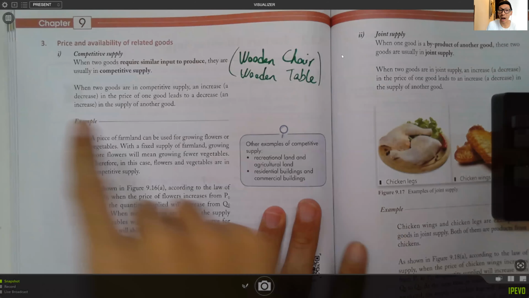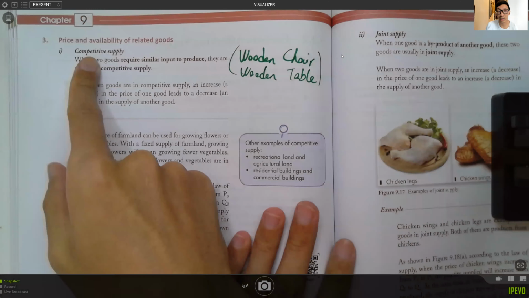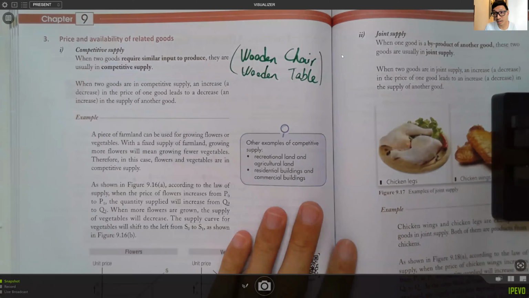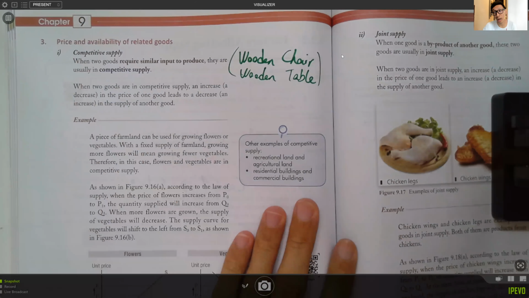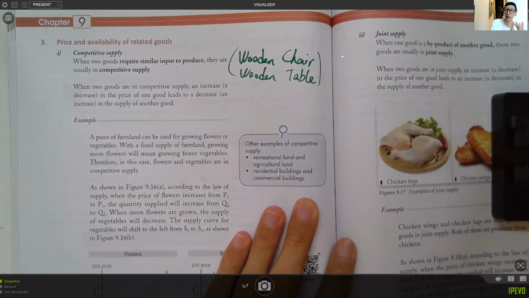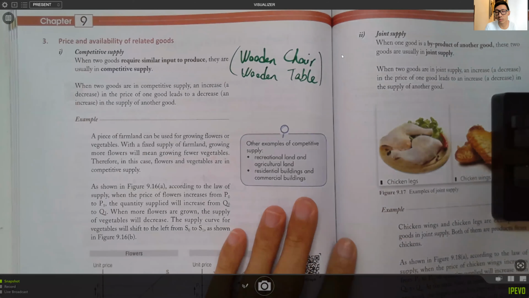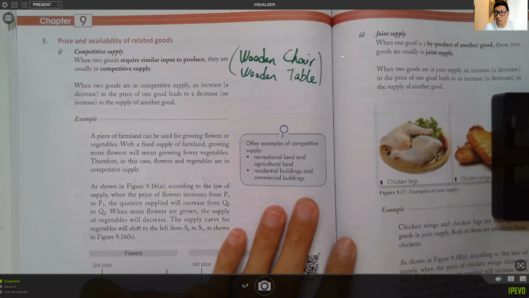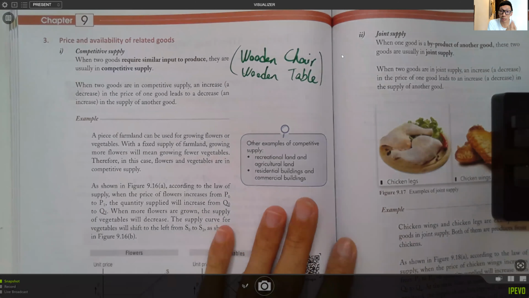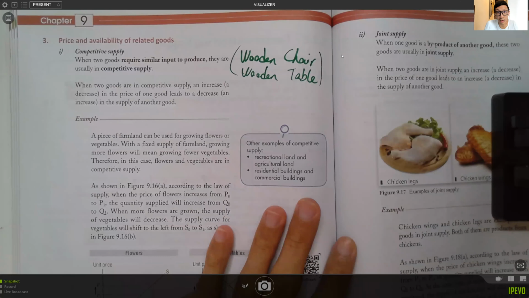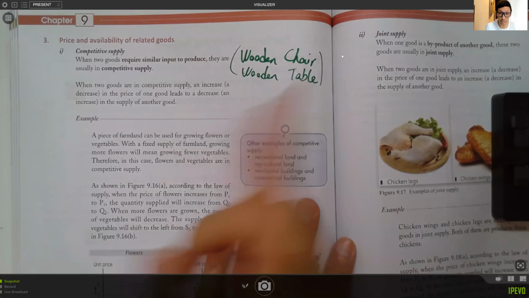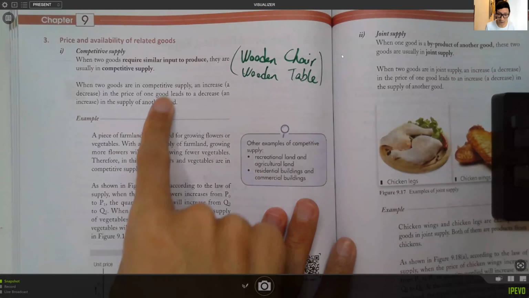I think you will understand very clearly what is competitive supply. 用咗啲資源做第一樣嘢，another thing would have its availability of resources reduced. 你做唔到第二樣嘢咯。You use the resources to make one thing, another thing would be reduced because you don't have enough resources anymore. We call this competitive supply.